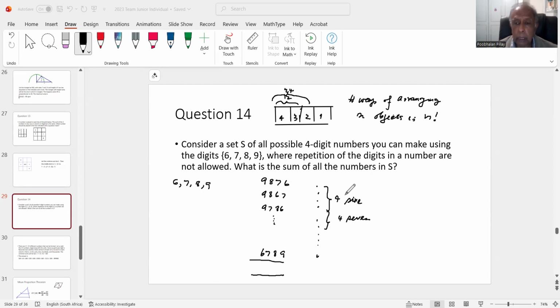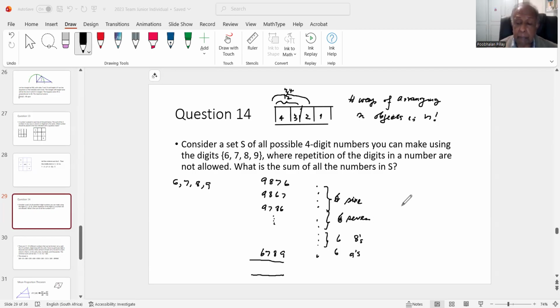Now wait a minute. 24 divided by 4 is 6. So you got 6 sixes and 6 sevens. And likewise, you got 6 eights and 6 nines. That'll make up the 24.